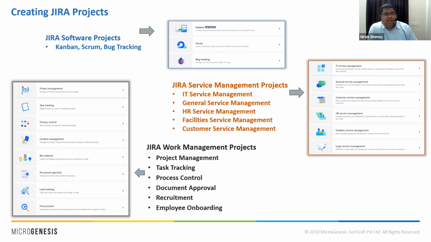And then come Jira Work Management projects, right? Which is more of project management, small projects. You want to do something in 2 days. It will have a set of tasks that you want to group together, and this is where these work management projects can come into play. You can also use them for recruitment, employee onboarding, document approvals, and so on.